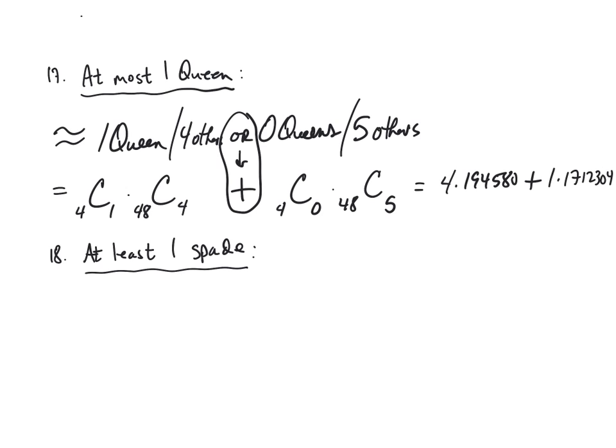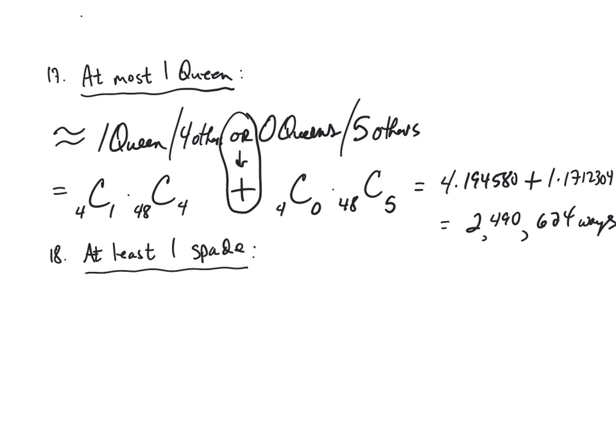So when I do the multiplication and addition, what I would get as a result is 194,580 times 4 plus 1 times 1,712,304. I think I punched that okay. So I'd end up with 2,490,624 ways in which we could pick at most 1 queen.